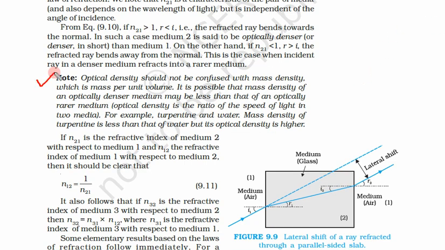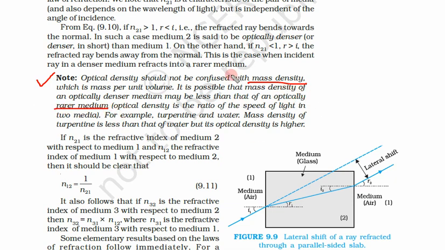Now we have to note this: optical density should not be confused with the mass density. Because mass density of glass is very high. So optical density should not be confused with the mass density, which is mass per unit volume. It is possible that mass density of an optically denser medium may be less than that of optically rarer medium.